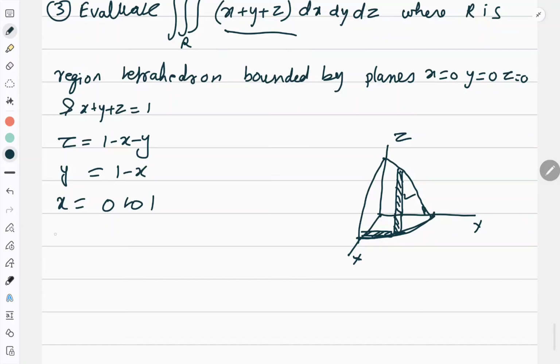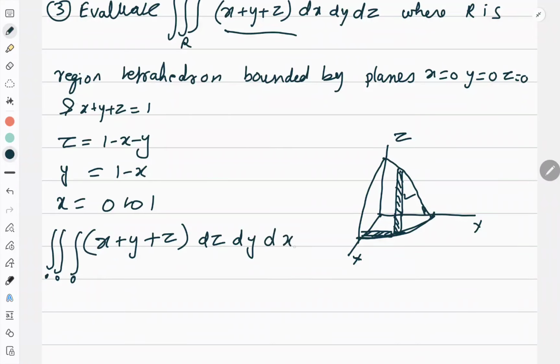Now when you are putting the integration, again 3 dimensions, the limits I have written here, so 0, 0, 0 I am writing, top limits I have written there. Now x plus y plus z, dz, dy and dx. Now let us integrate one by one. First I am integrating with respect to z.